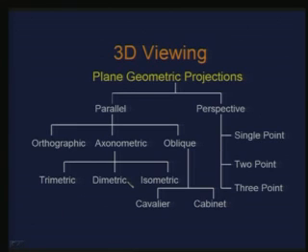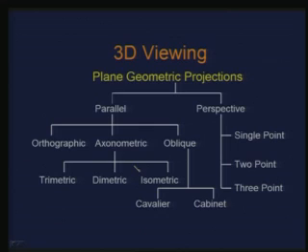Similarly, for oblique we have the types Cavalier and Cabinet, and in perspective we have single point, 2 point or 3 point perspective. So, this gives you the overview of all the transformations we have seen with respect to viewing transformation.